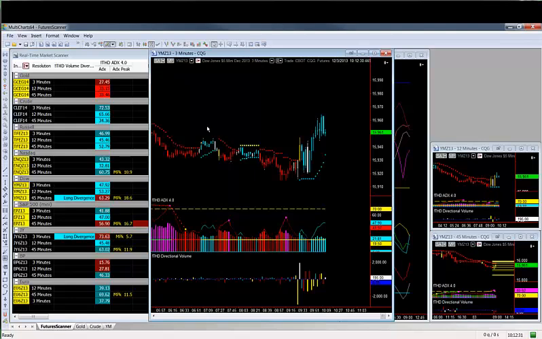Now, let's go through what the ATR shows us. Number one, it shows you where the majority of support and resistance is located on your chart. So anytime I come back to an ATR, I know that that ATR is either going to support price to go up or is going to resist price and price will go down.